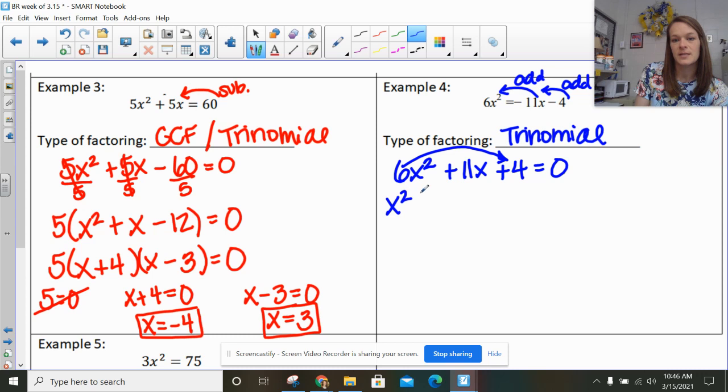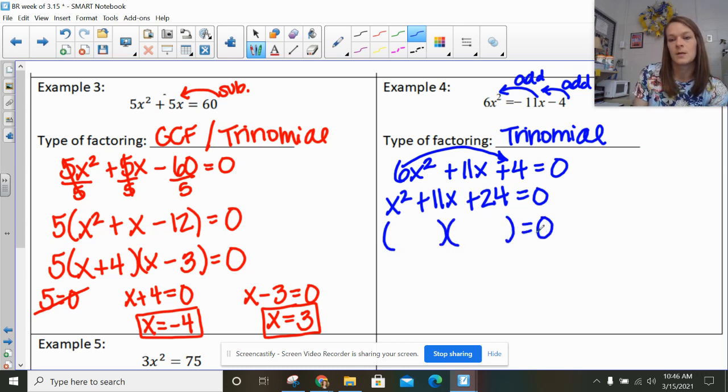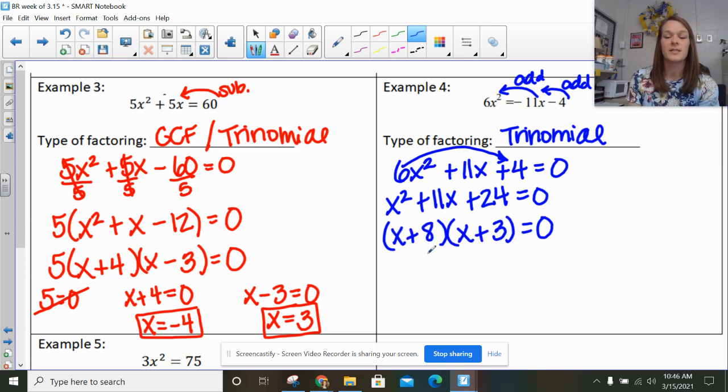And that gives me x squared plus 11x plus 24 equals 0. All right, so what multiplies to give me 24 and adds to give me 11? That's 8 and 3.